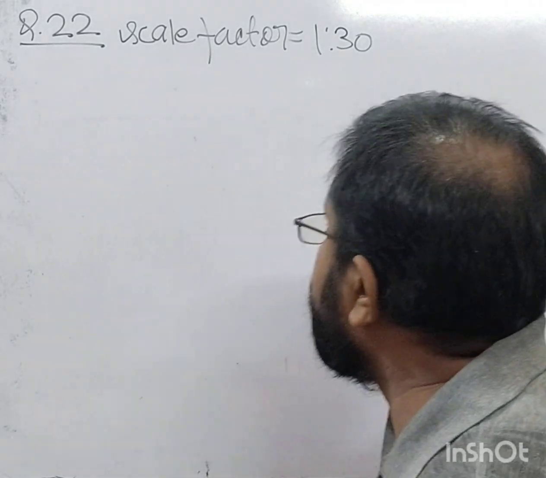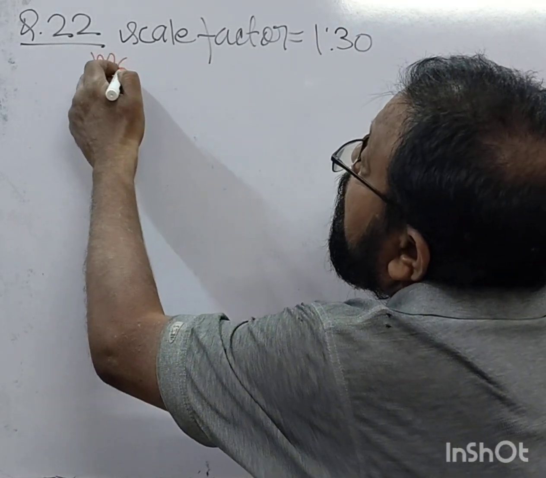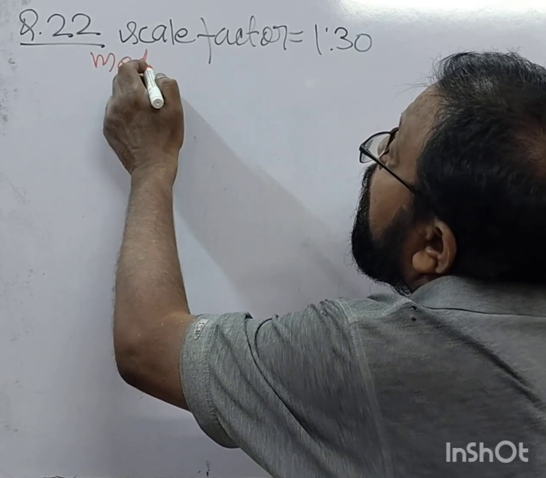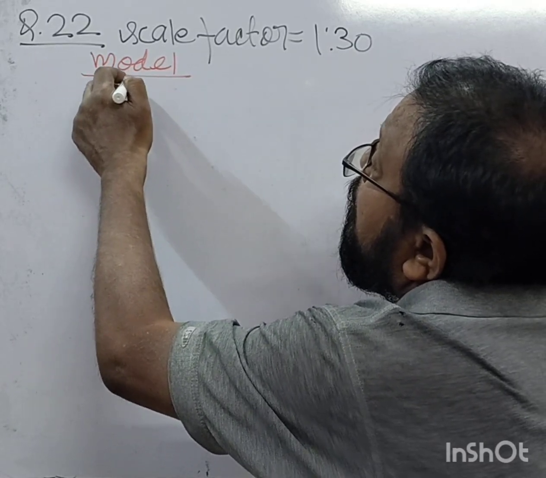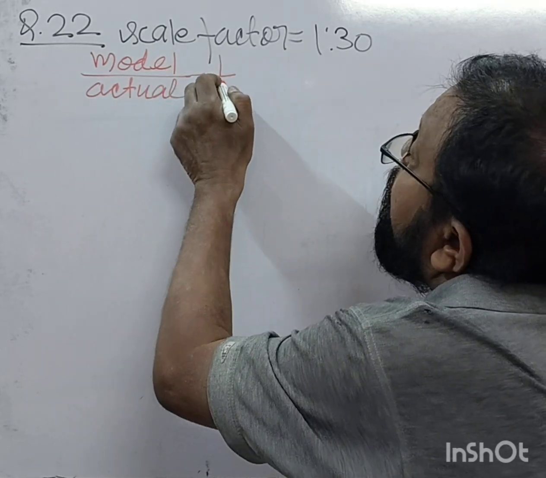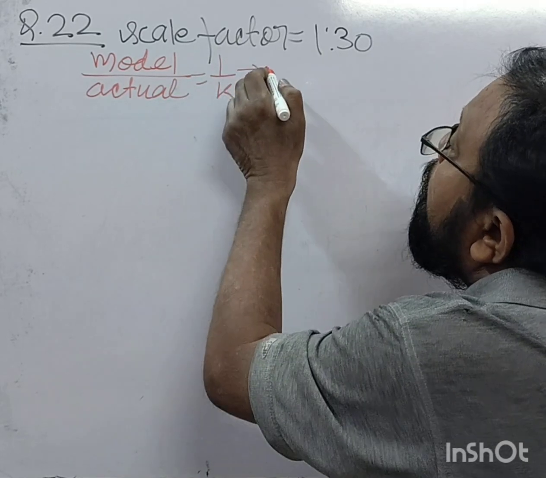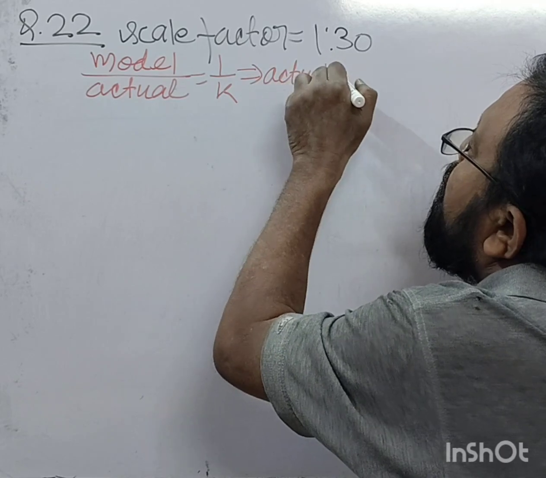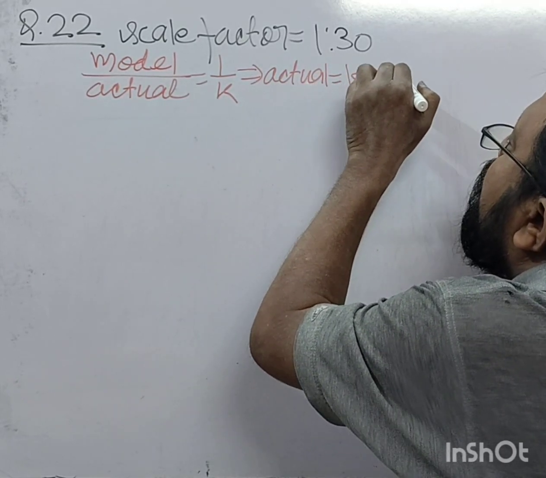So model upon actual is equal to 1 upon k, or you can write actual is equal to k into model.